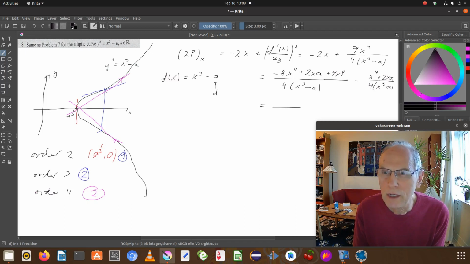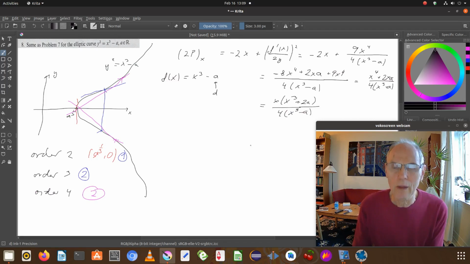We can put x outside the parenthesis. Doesn't really help us, does it?